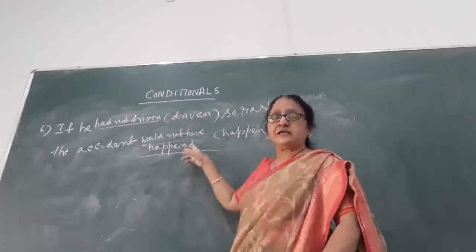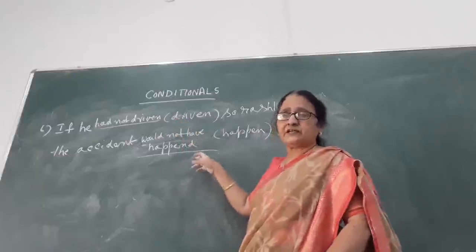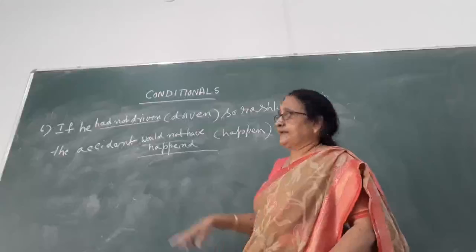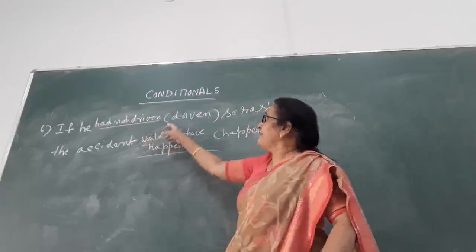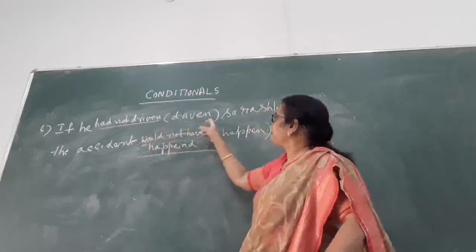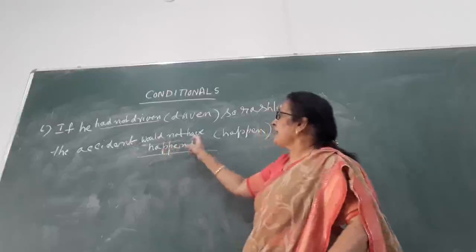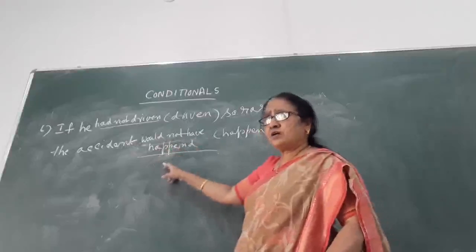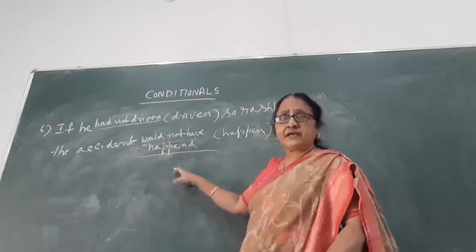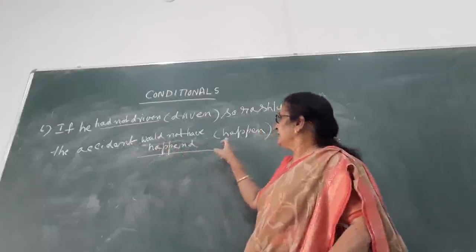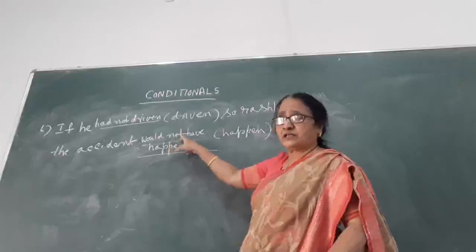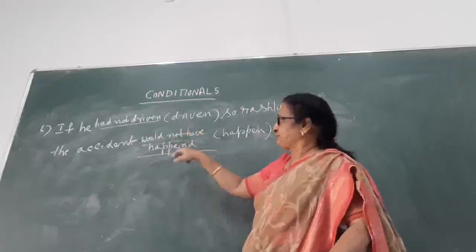If you keep not here, then only the sentence will give the correct meaning. If he had not driven so rashly, the accident would not have happened. Would plus have plus V3, that is the main clause. Here you have to include not, then only the meaning will be correct.